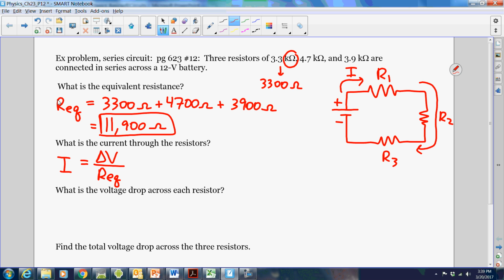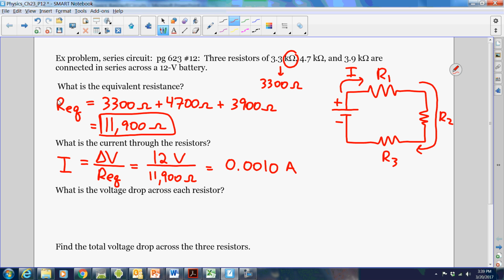That's important. The current is going to change based on how many resistors you have in here, so we've got to use the total when we do series circuits. So we'd have 12 volts divided by this huge resistance. And when you do sig figs here, we're going to end up rounding it off to 0.0010 amps of current. Okay.